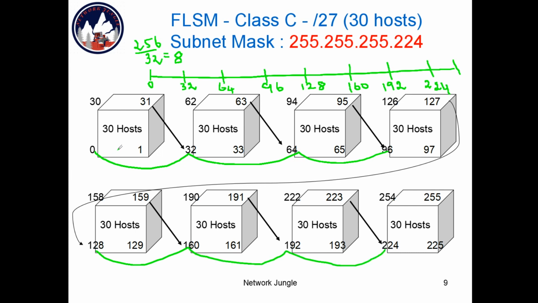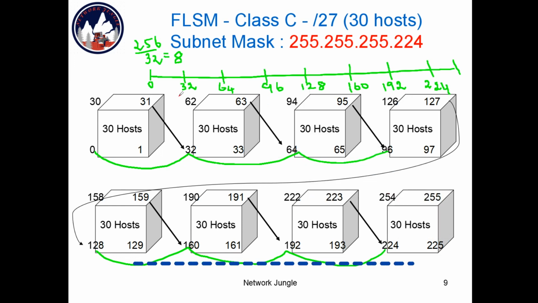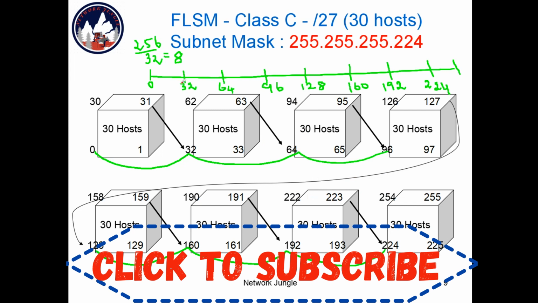Next we can write the broadcast addresses. Before 32, the last valid address is 31.